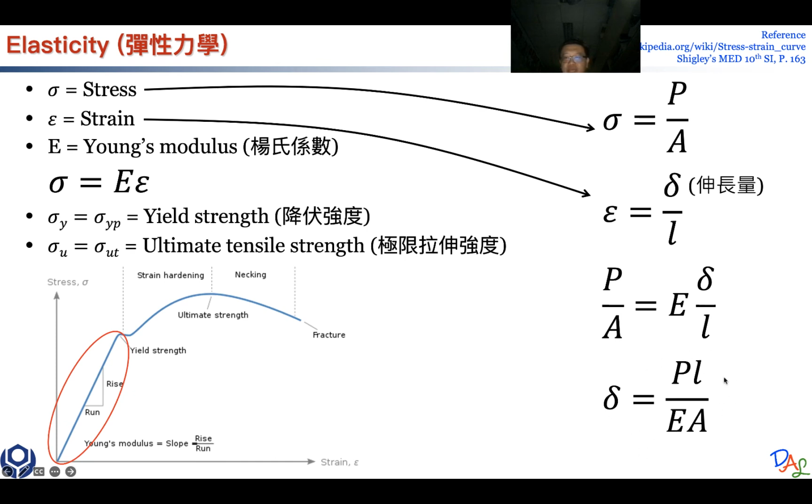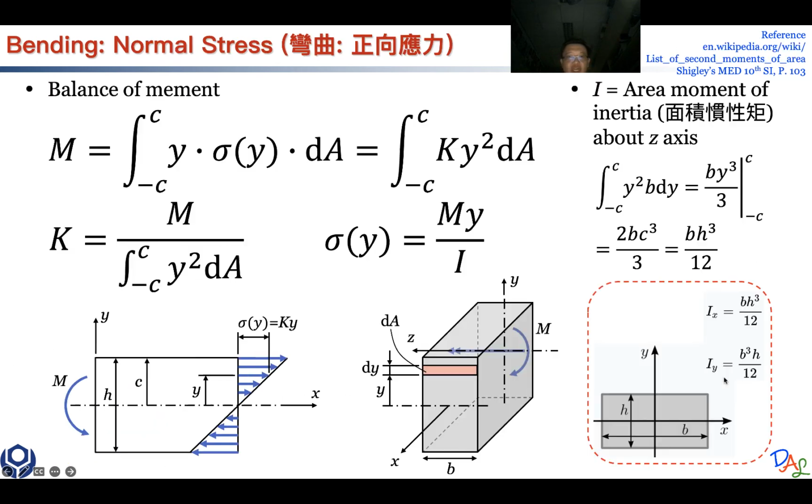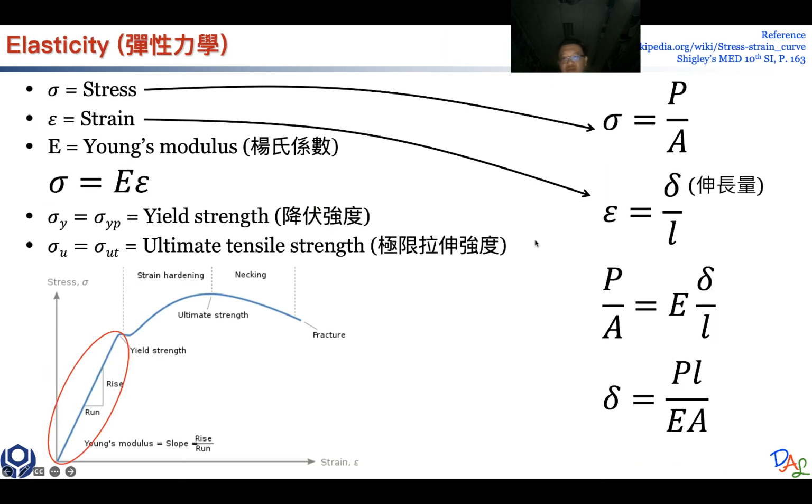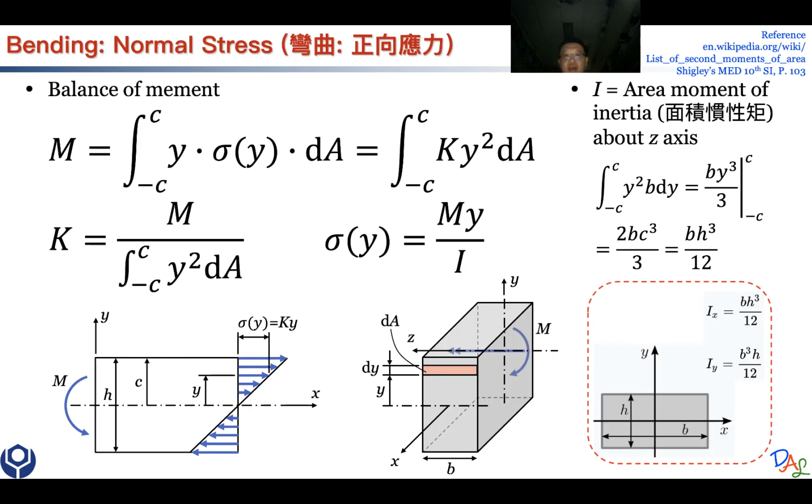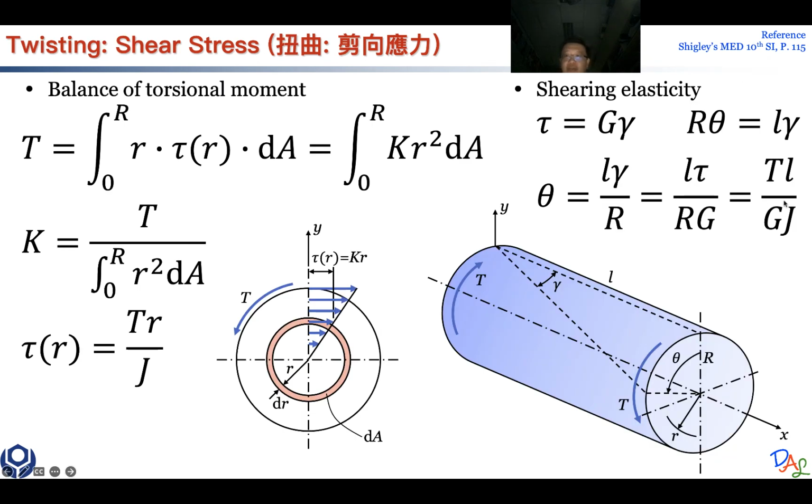Actually we could put this back to here as well, but I didn't do that. It's okay. So anyway, please review the slides and then try to compare. Sometimes that helps your memory.